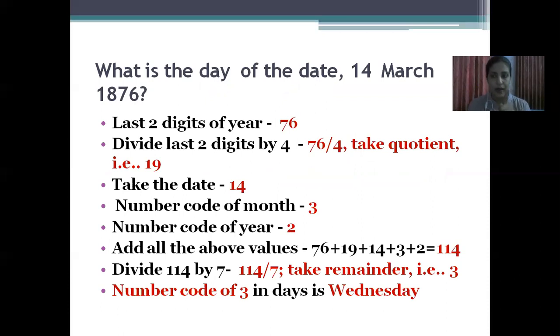So you have to do one extra step: subtract 1 from this remainder. That is 3 minus 1, which is 2. This is the only extra step.